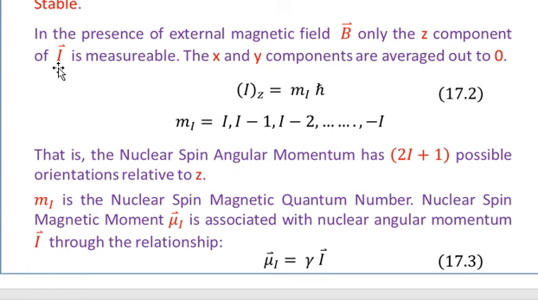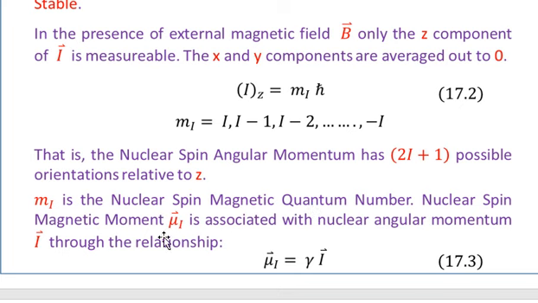This capital vector I, that is the spin angular momentum of the nucleus, will have 2I plus 1 possible orientations, and due to that, the spin magnetic quantum number Mi will also have 2I plus 1 possible orientations about the Z direction or about the magnetic field B, because the Z direction or the B direction will be the same. Mi is the nuclear spin magnetic quantum number.